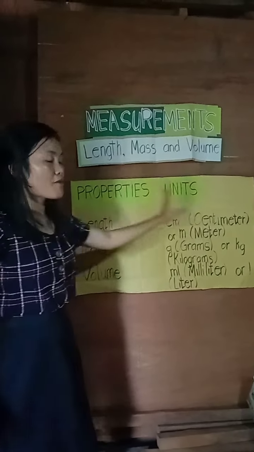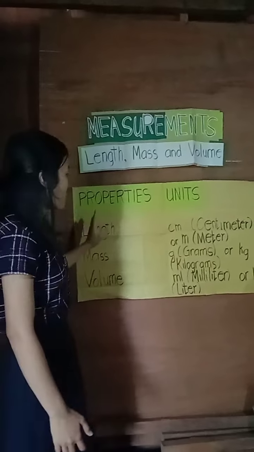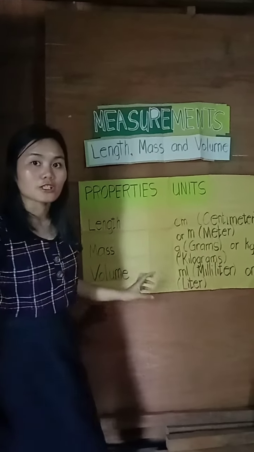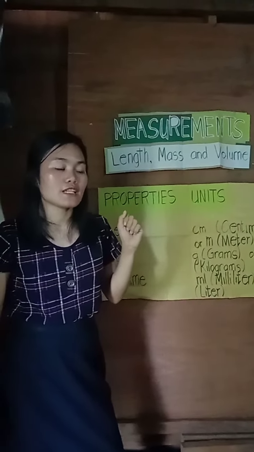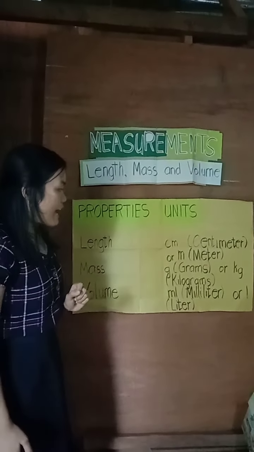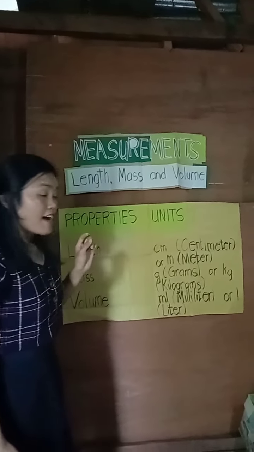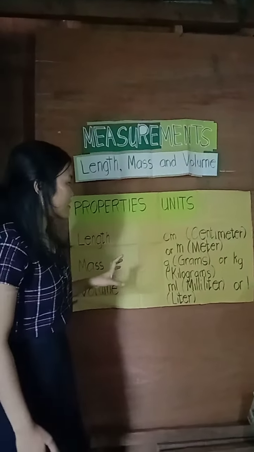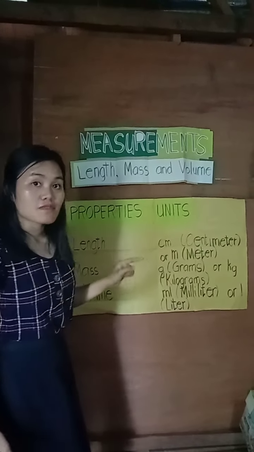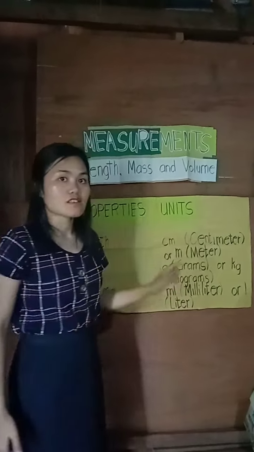You have to be familiar with the units of every property, for length, mass, and volume, so that you will not be confused. For example, if the question says 1 centimeter and you put 1 cm, that is correct.